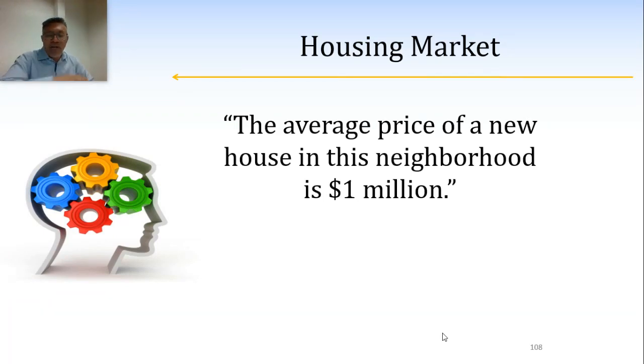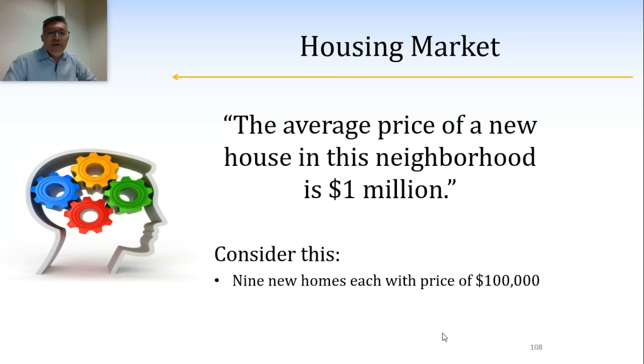Or just about every house in the neighborhood could be relatively cheap, but then one house is worth a lot of money, and on average we see $1 million. So when we think about housing prices, what's maybe more useful is to find out things like the mode. If you take a look at the houses within the neighborhood, is there a certain value that comes up more often than any others? Something to consider when you are purchasing a house.